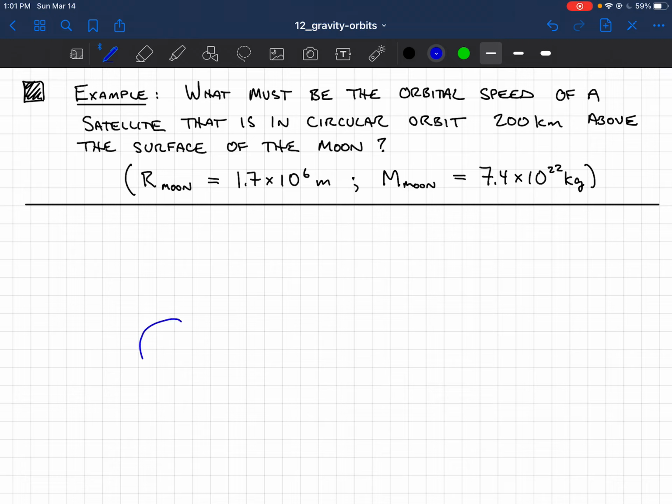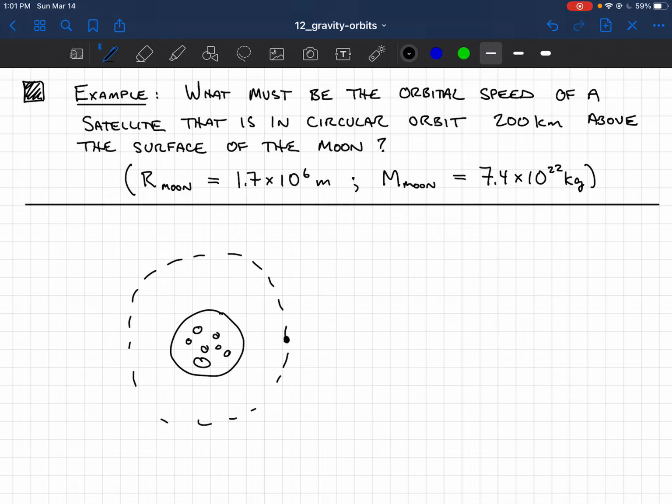So we have a moon, I guess our moon, so there are little craters on it. And then there is a satellite, maybe one that we sent up, and it is orbiting around the moon like this, and we'll take it to be a circular orbit. So the distance from the center of the moon to the satellite, well, we need to figure this out.